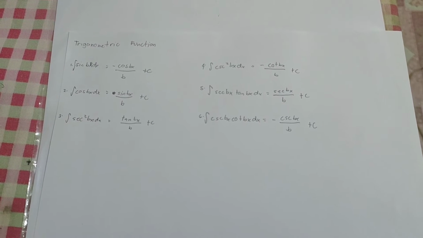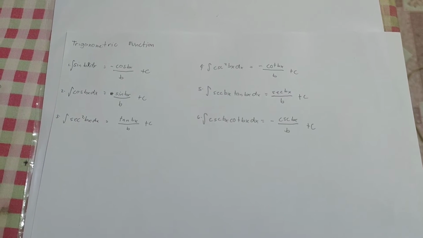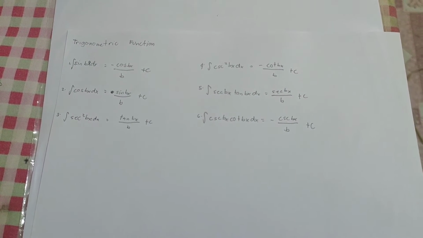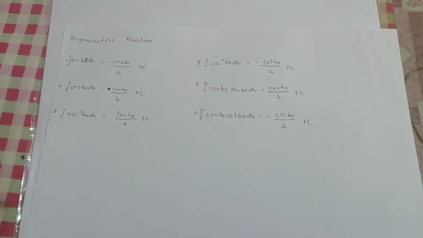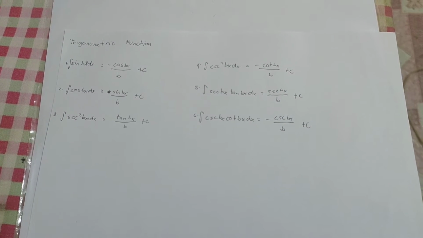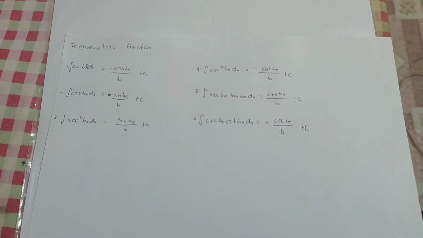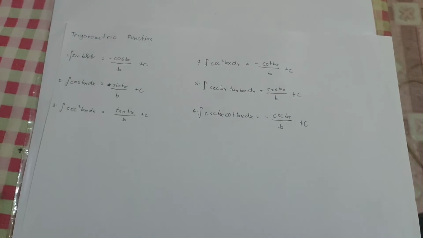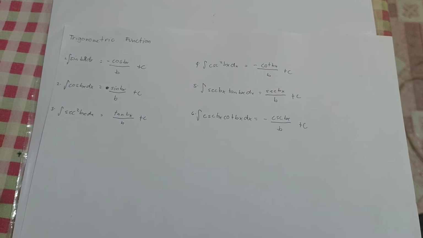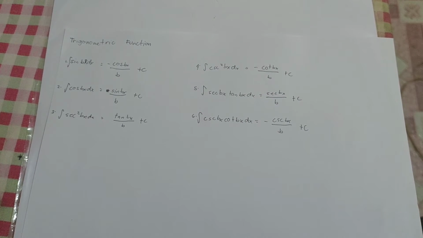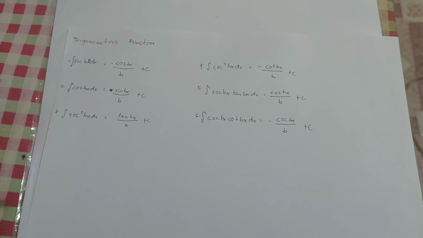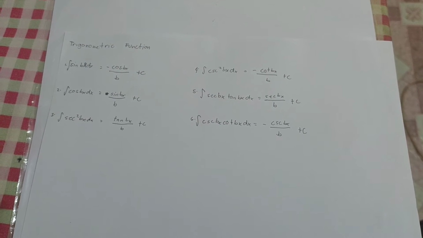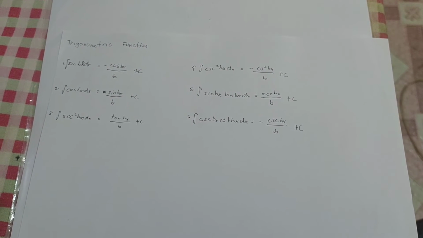The fifth is the integral of secant bx tangent bx dx, which is secant bx all over b plus c. And the final is the integral of cosecant bx cotangent bx dx, which is negative cosecant bx all over b plus c.